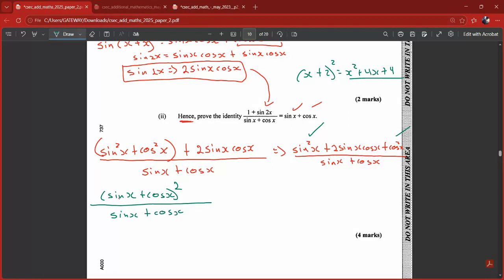Because if you square the top, you square the first term sine x, you get sine squared x, as what we have here. You say cosine x times sine x is sine x cosine x, and multiply that by 2, you get 2 sine x cosine x. You square cosine x, you get cosine squared x, like what we have there. Right?